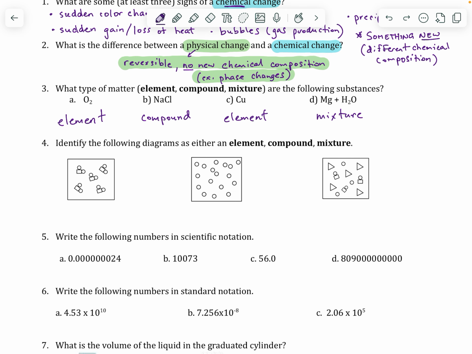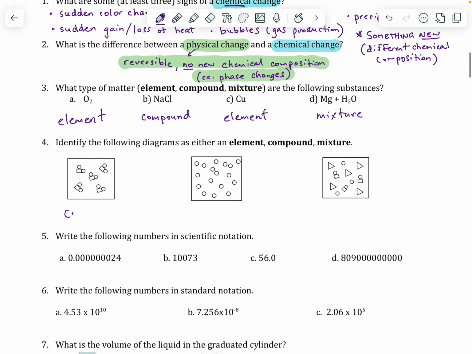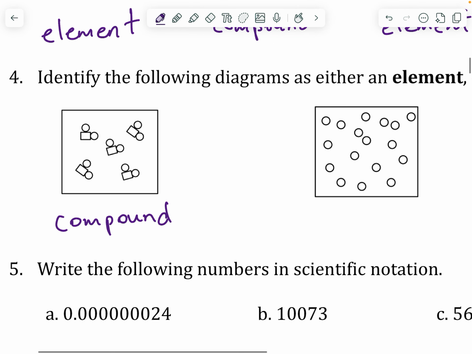We can also look at our particle pictures to identify what these are. We have a compound here. It is not a mixture, even though there's multiple different shapes. Each shape represents its own element. So this is what we would call element circle.